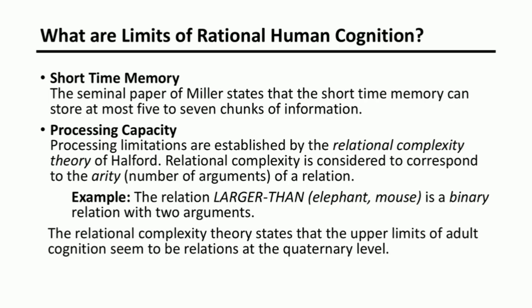We could also say we can store 5 to 7 concepts in our memory at the same time. If it goes beyond that, some people can do it, but most people have difficulties. Just think of a telephone number. If it has more than 7 digits, it's very difficult to recall immediately, or if something has more than 7 alternatives, it's getting difficult at the limit of our human cognition.